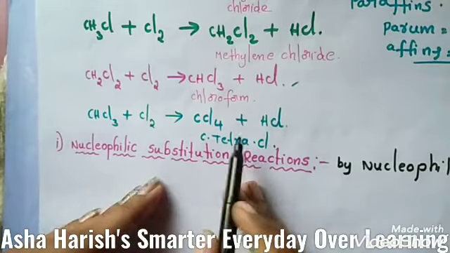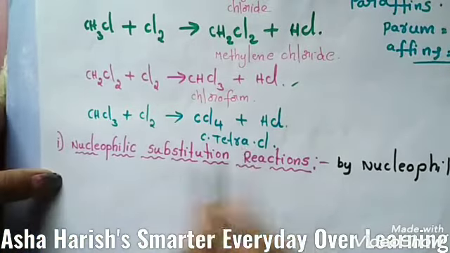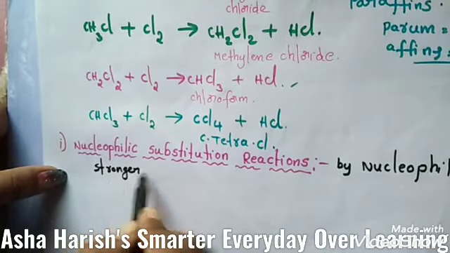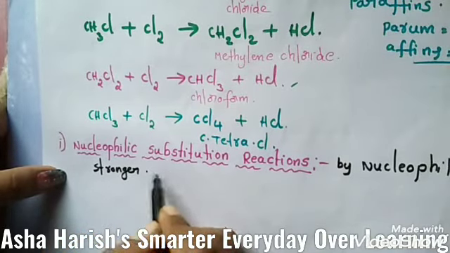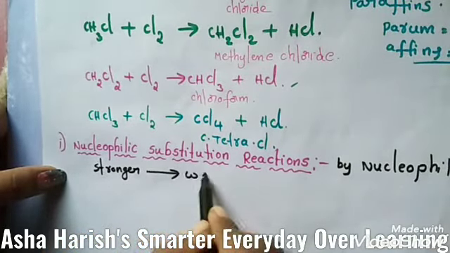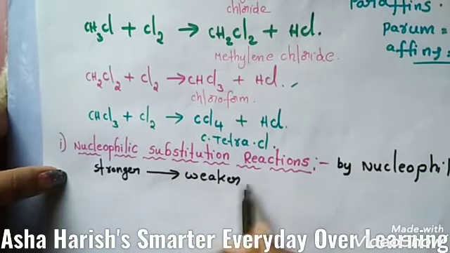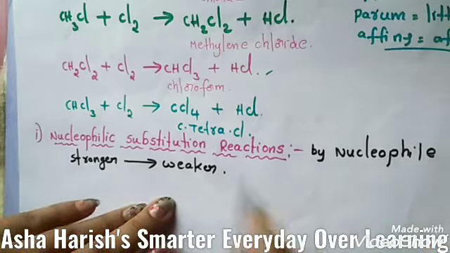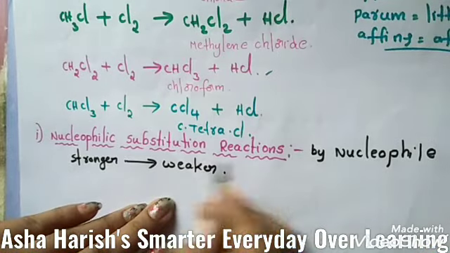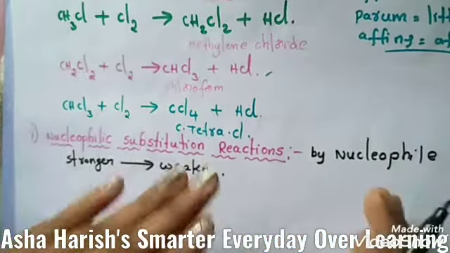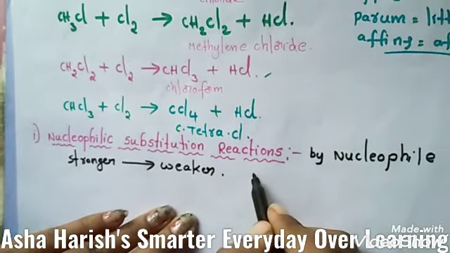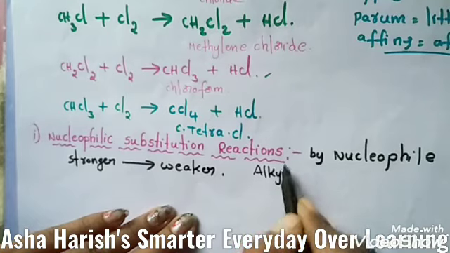And in all these reactions, a stronger nucleophile usually displaces a weaker nucleophile. You have to remember this. A stronger nucleophile replaces a weaker nucleophile. These reactions are typical of alkyl halides. Very common in alkyl halides.